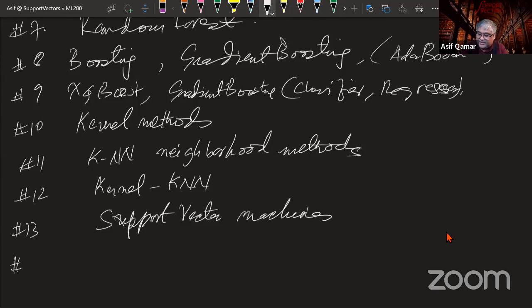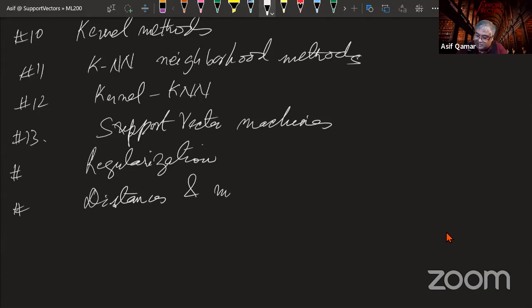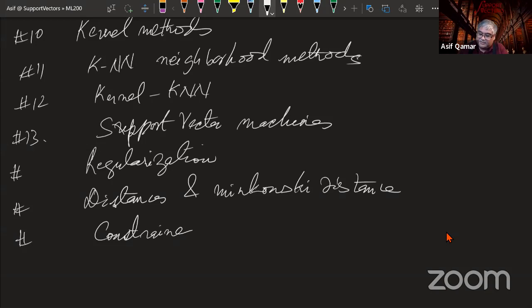Support vector machines. Then we did regularization. We talked about distance metrics and Minkowski distance. We looked at it as a constrained optimization problem, both for SVM and for regularization.